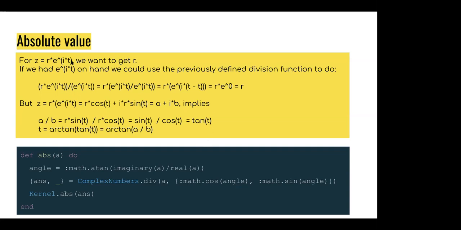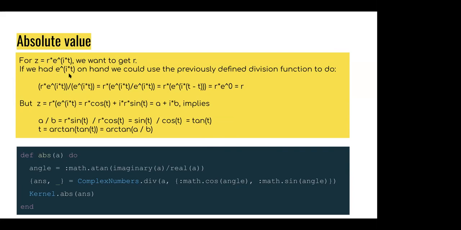Again, hopefully this is getting repetitive, but that way it'll sink in. For some complex number z, this time I was smart and used a different letter rather than a and b to make it less confusing. So z equals, again, the same expression, r e to the it, for r and t both being real numbers.